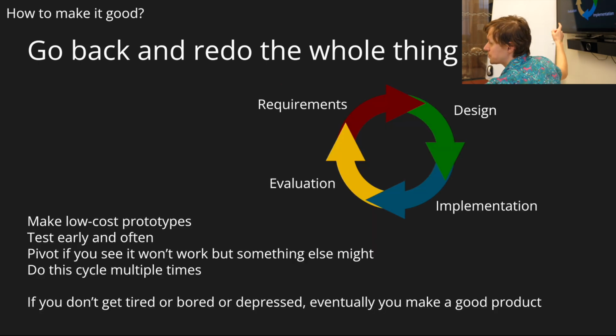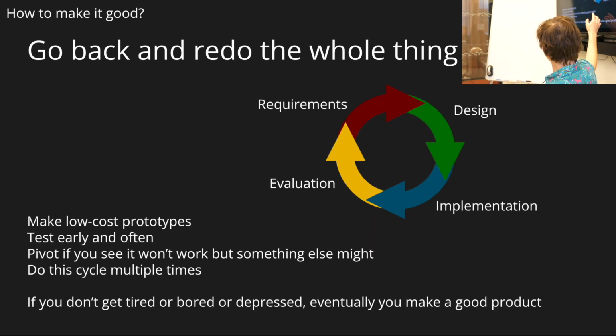That whole circle is easier to do if you make low-cost prototypes, if you test early and often, if you pivot when you don't see that it works but something related might work, and then do the cycle multiple times. If you don't get bored or depressed, eventually you make a good product after some time. But it does take patience to go through all of these things.